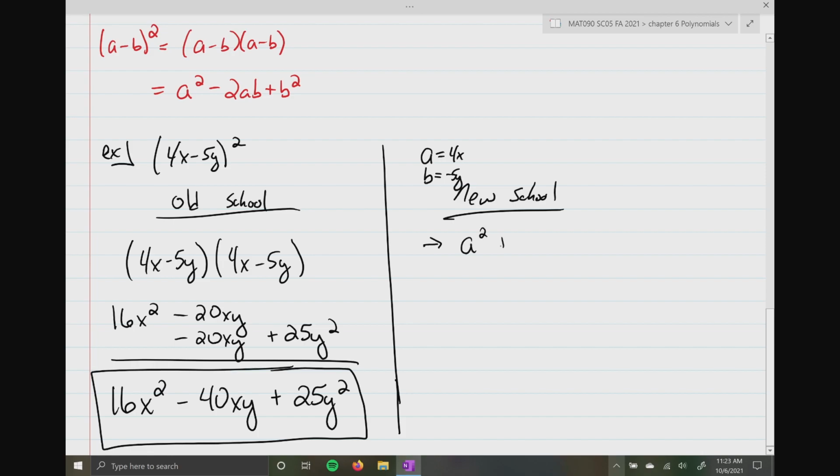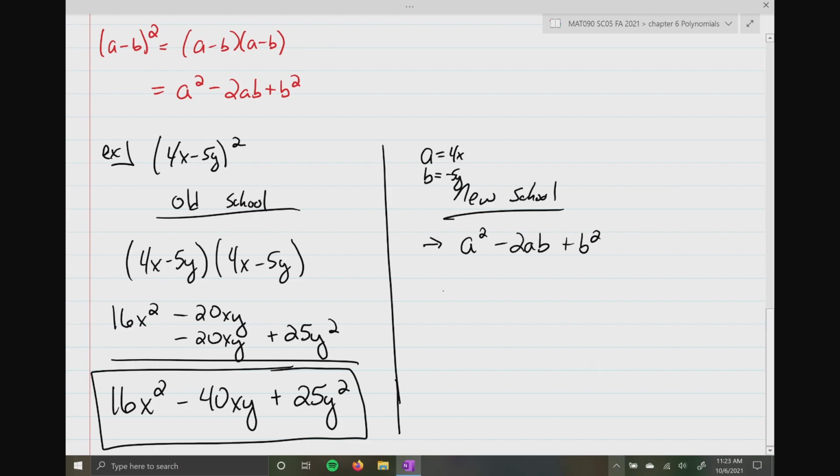is just write the result of my formula here. And wherever I see the letter A, I'm going to write 4x. Wherever I see the letter B, I'm going to write negative 5y.